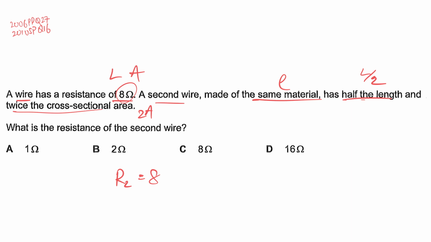Because the length is shorter, half, the resistance will be half also. So divide by 2. The cross-sectional area is 2 times bigger, it's thicker now, so resistance should reduce by half. So divide by 2, therefore you will get 2 ohms. So B will be the answer.